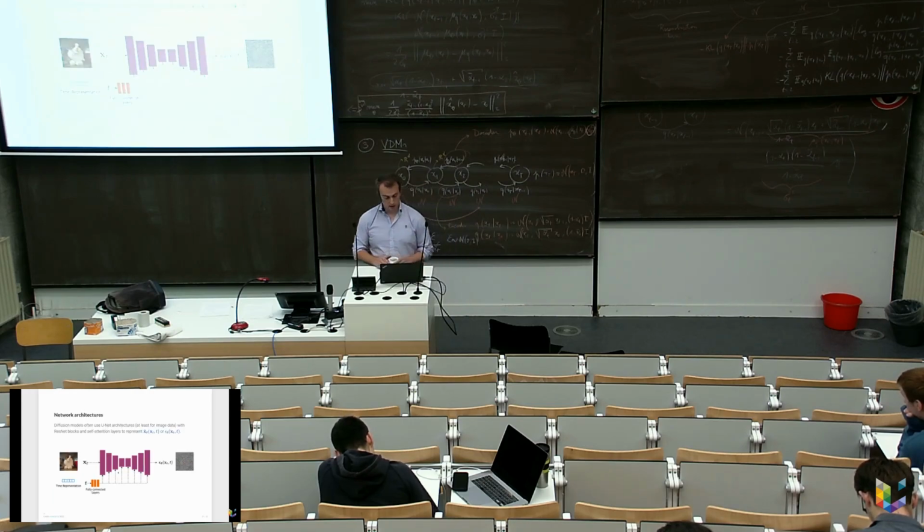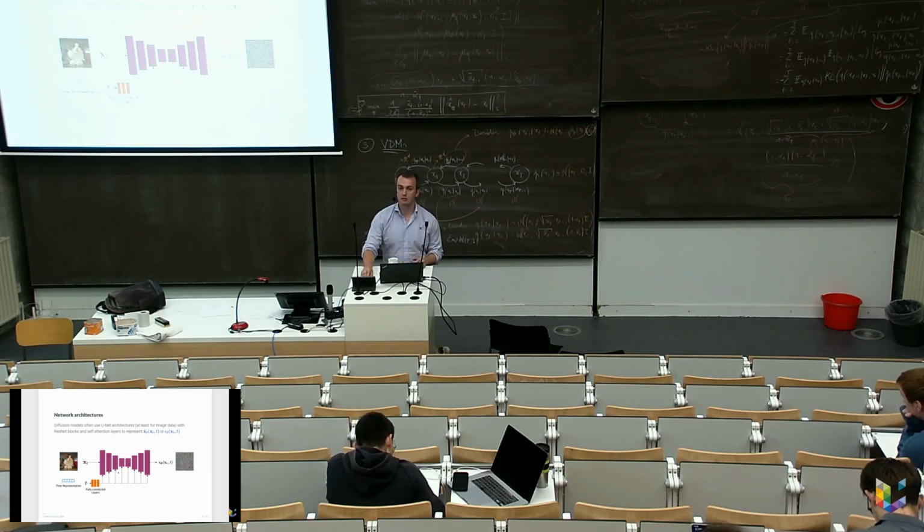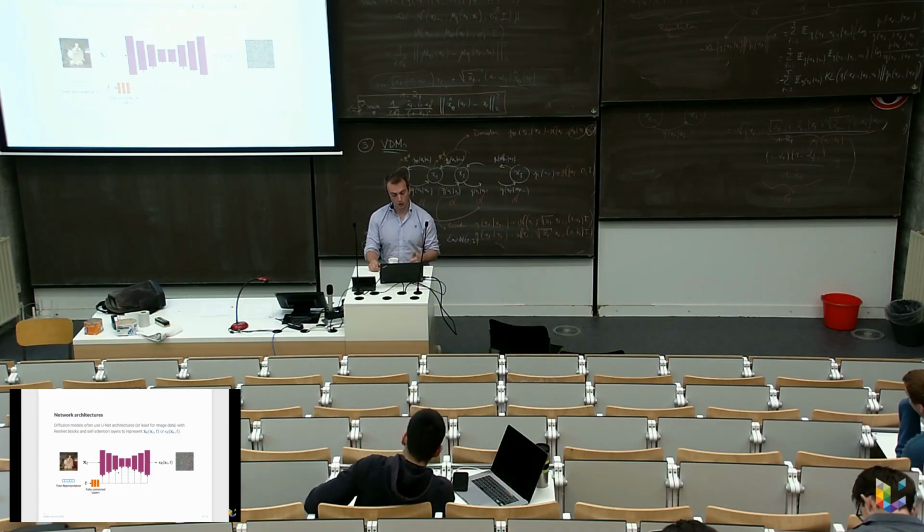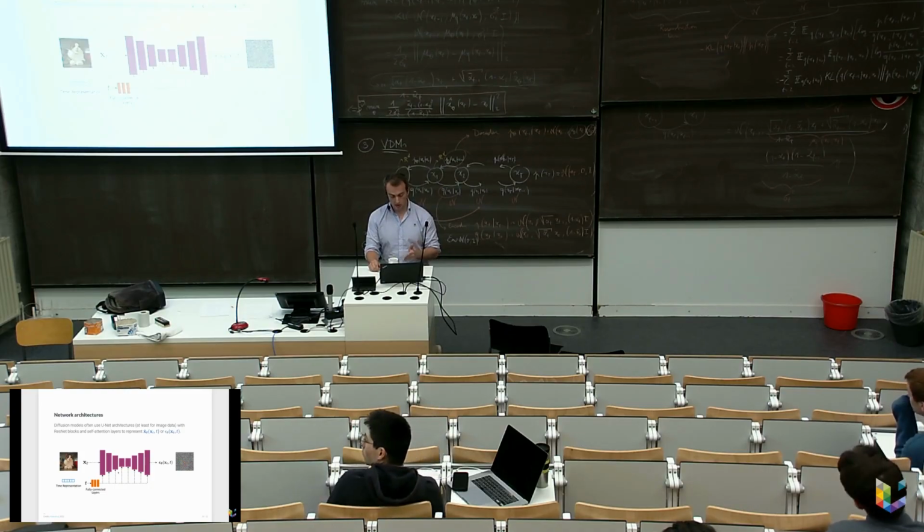Okay, what about the networks? Because so far I've talked a lot, but very little about the neural networks. Depending on the parameterization that we consider, either a neural network takes as input a noisy image and produces a clean version of it, or takes a noisy image and predicts the noise.